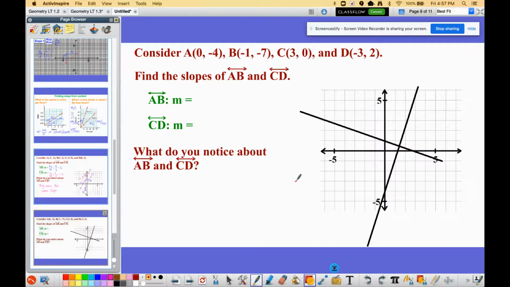Now let's look at these points. So draw another coordinate plane. Label point A, 0, -4. Point B is -1, -7.